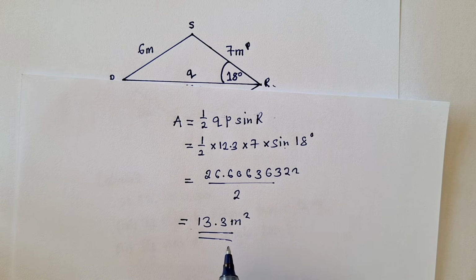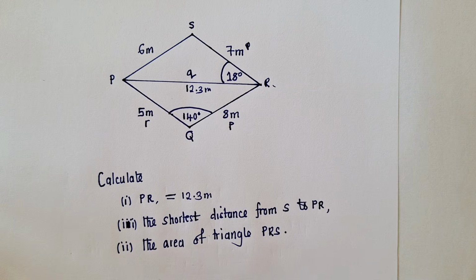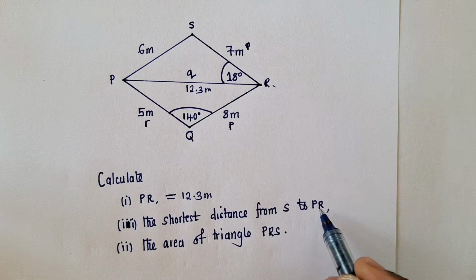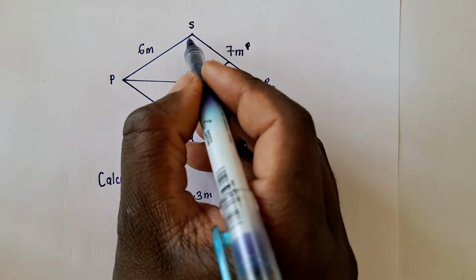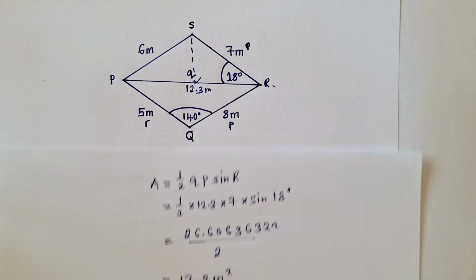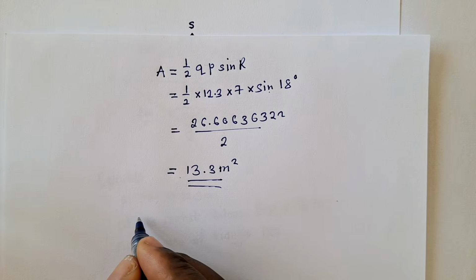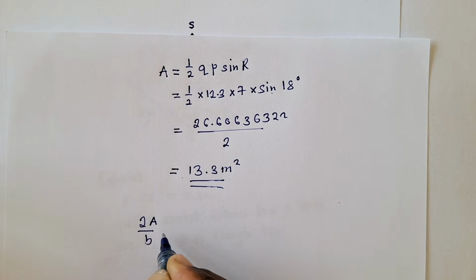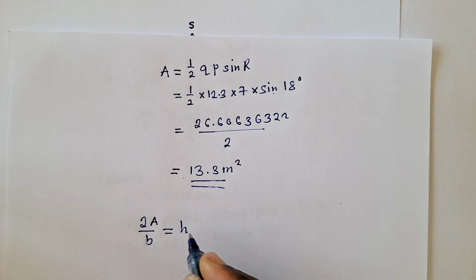So this is the area that we found, 13.3 meters squared. Now for question 3, they are saying the shortest distance from S, which is right over here, to PR. So the distance from here all the way to this line. Normally what we do when finding shortest distance, we say 2 capital letter A over b is equal to h.